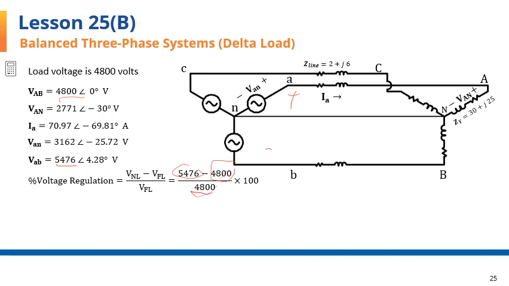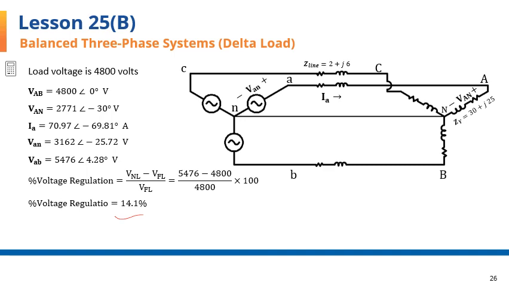We could have used line to neutral voltages all the way through and would have gotten the same answer, but I've used the line to line voltages, and the answer is a little bit over 14% voltage regulation.